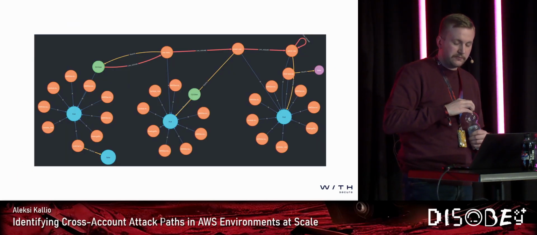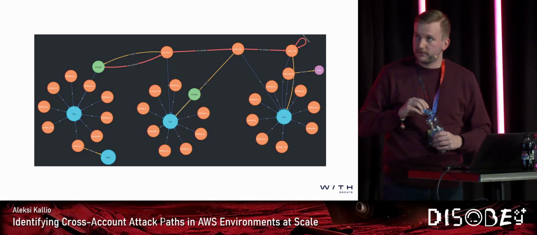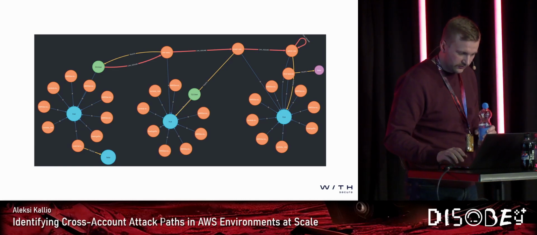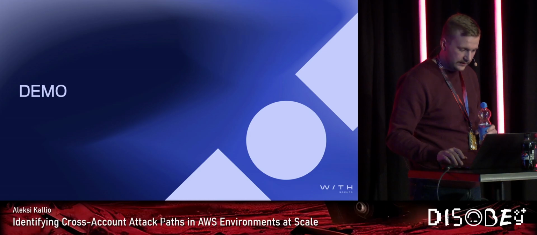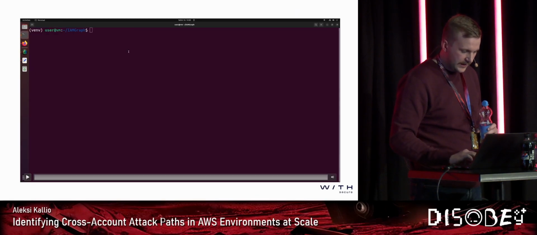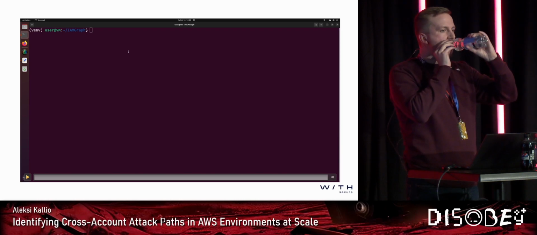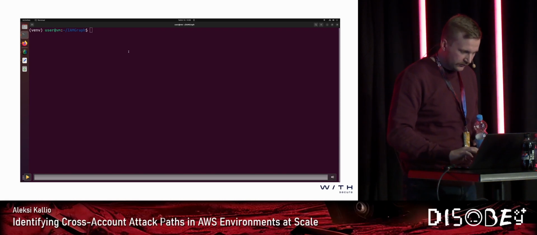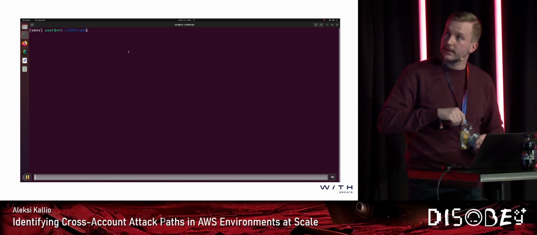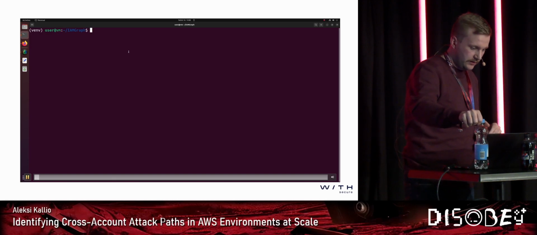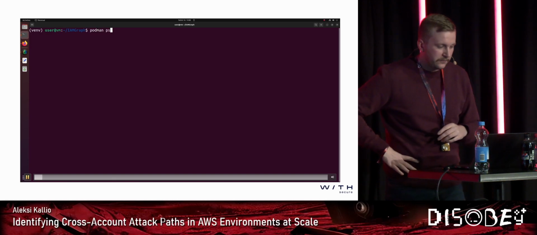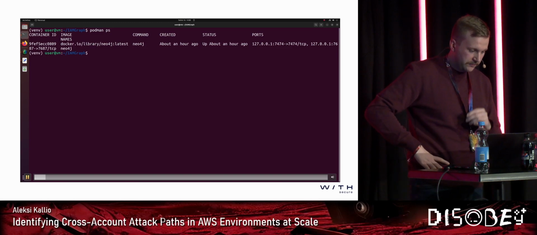The graph model it creates would, in a simple environment, look something like this. Let's not go too much into detail on that, because we have a short demo recorded here where it works in practice. Here I have a machine where there is a Neo4j running as a container.